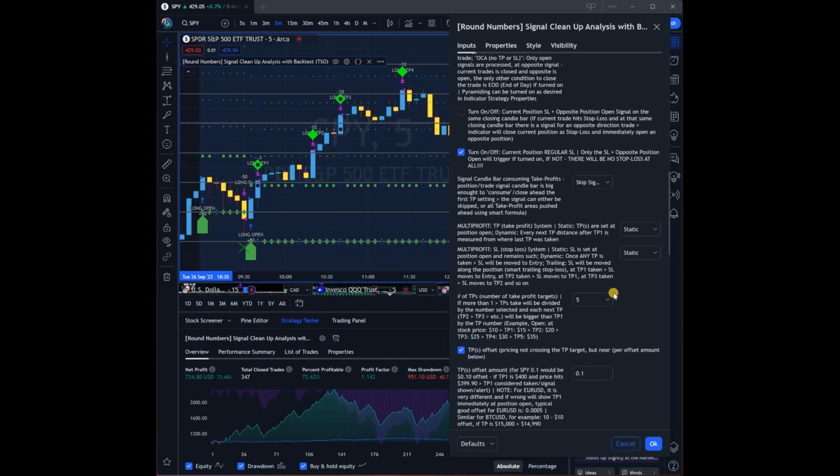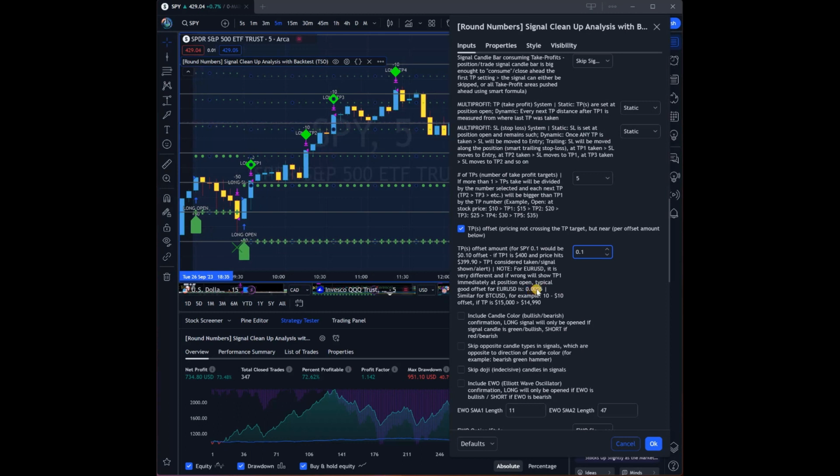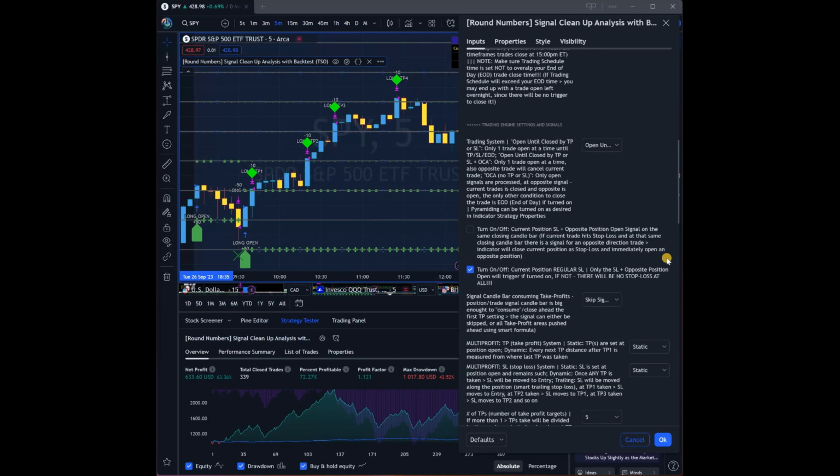Just make sure it's correct, because for S&P it's gonna be 10 cents, which is $0.1 basically. If you're gonna use Forex, make sure it's logical, and there are some examples here which will help you determine what number to use. So that was offset.